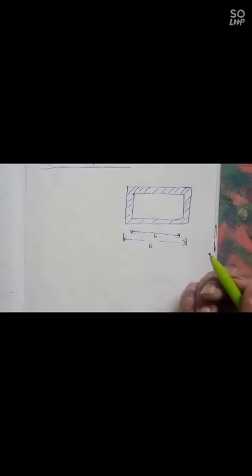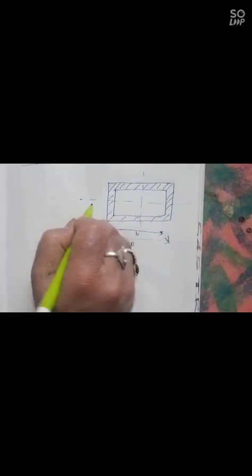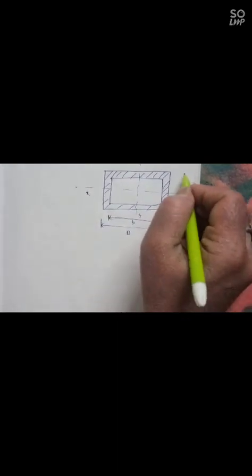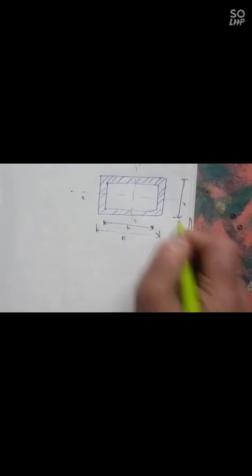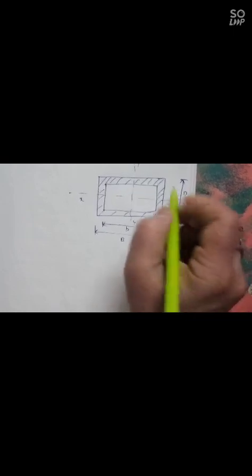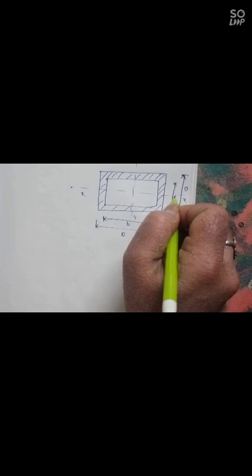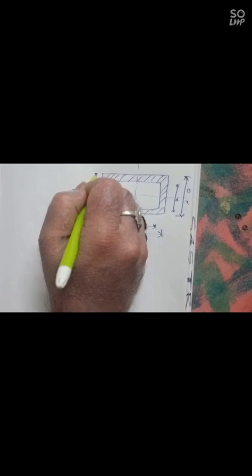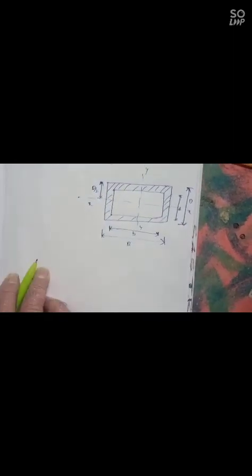It also has two axes, x and y. Similarly, the outermost depth is capital D and the innermost depth is small d, and y maximum is capital D by 2.